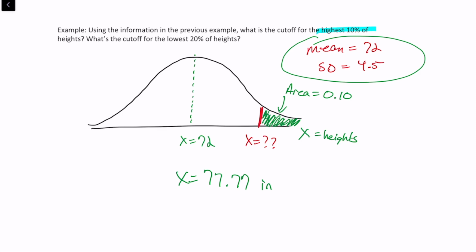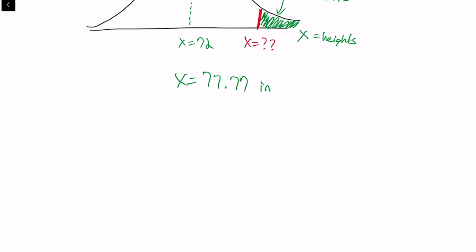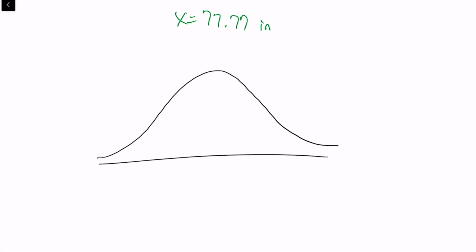The next question says, what's the cutoff for the lowest 20%? Okay. It's a similar process, but the picture flips a little bit. And what I mean by that is if we're talking about the lowest 20%, once again, normal distribution, you guys know the picture. We have the same mean, so that's the same center of 72 inches.